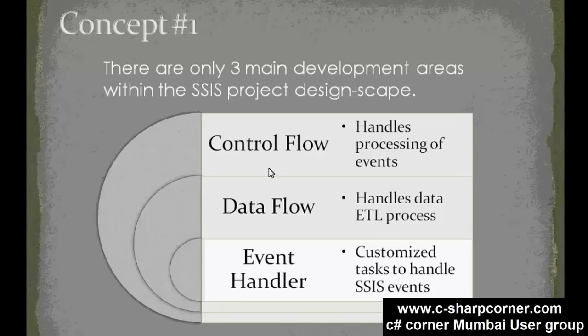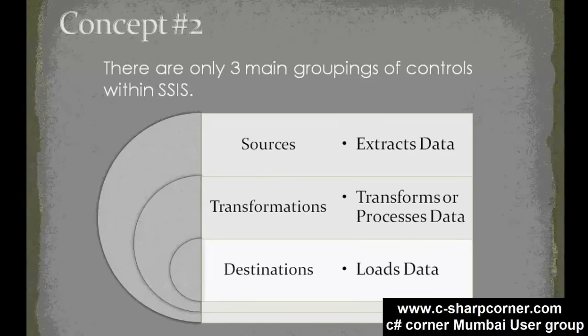The first layer is control flow, which handles the processing of events, that is, the flow of data. Then at level 2 comes data flow, which handles data processing using ETL, and the third one is event handler, which decides on what particular action I should do a particular thing. I'll show in the demos how we are using it.